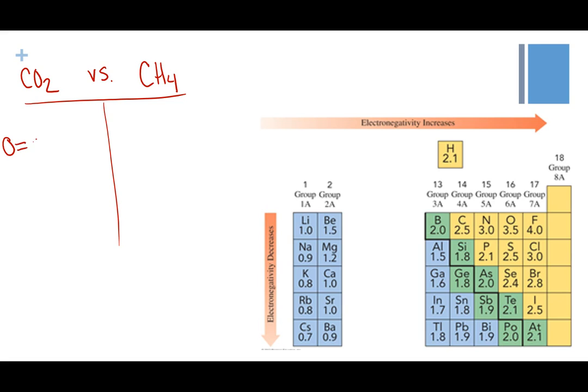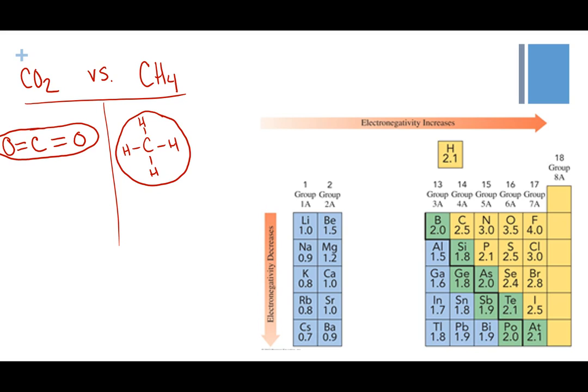So oxygen, carbon, oxygen. And CH4 is kind of a balled up structure like this. Okay. So the first thing I see here is I see a sphere versus a linear or a long straight molecule.